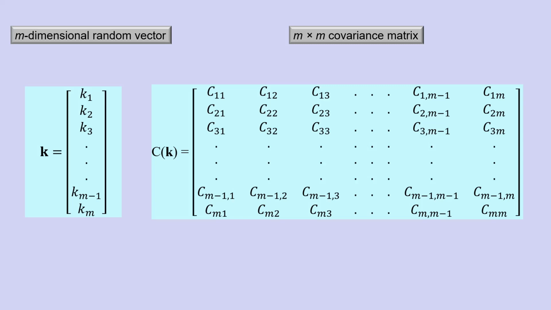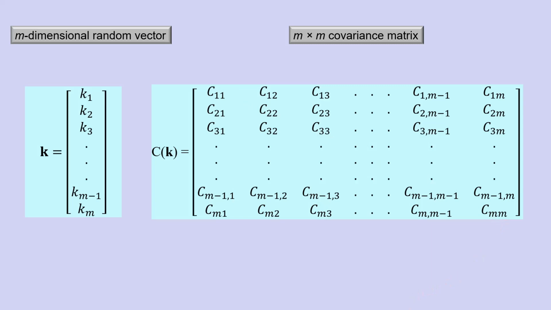So if I have an m-dimensional random vector K, I have an m by m covariance matrix. And I have to find a way of simplifying this if I'm going to make it usable. We'll get to that in a moment.